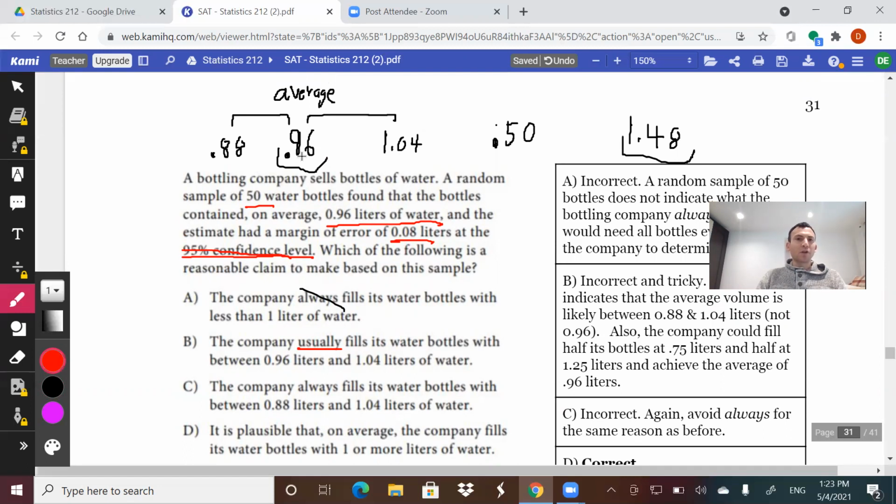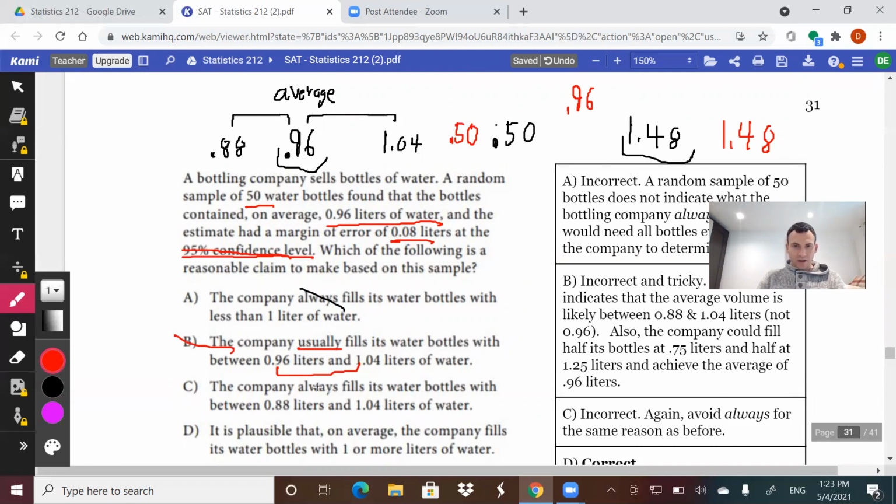But just because the average is likely to be within that range, that doesn't mean that the majority of the bottles aren't either 0.5 or 1.48, and we don't actually fill any bottles within this range, but the average just happens to be within this range because we have a bunch of numbers on each side that would give us that average, almost like a very high standard deviation with an average that's nowhere near where most of the data is. So we don't know this to be true either.